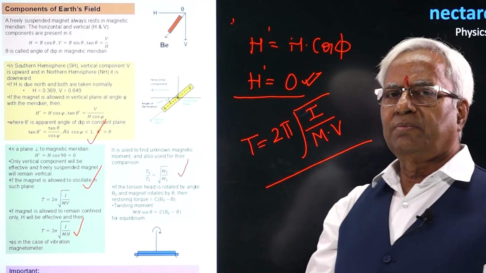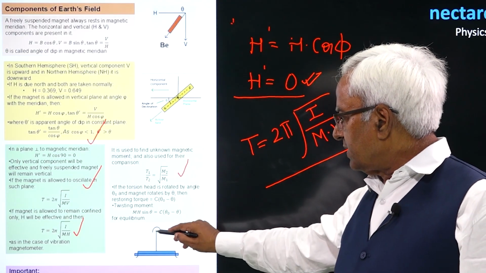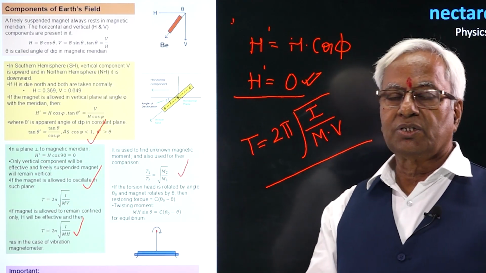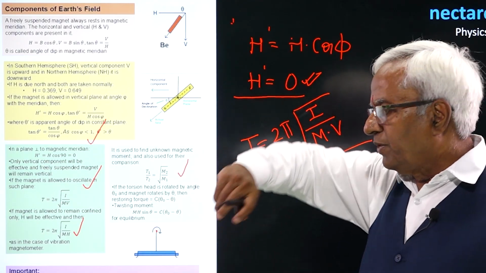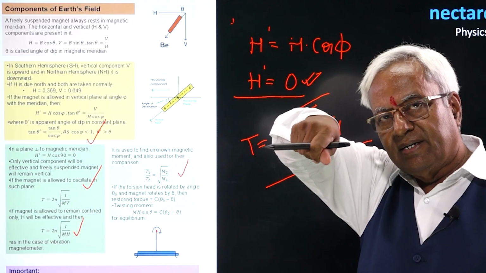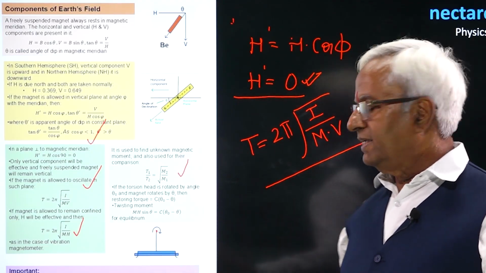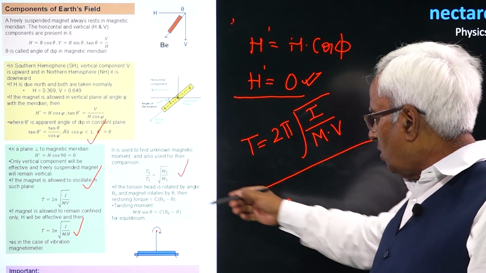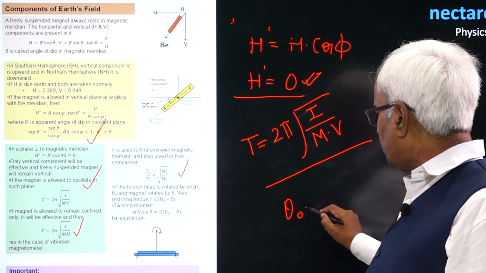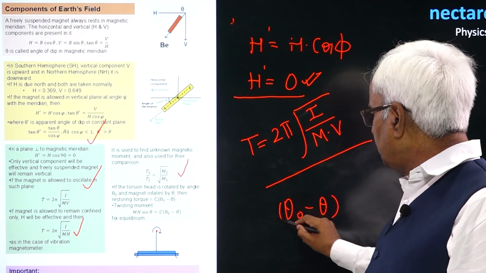And one more thing you have to remember: this is known as the top point, and this is known as the torsion head. Suppose you rotate this torsion head by angle theta 0, and this magnet rotates only by angle theta, then twisting on the way has taken place equal to theta 0 minus theta.